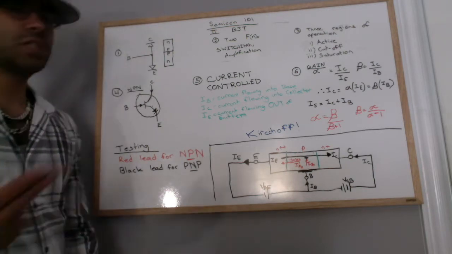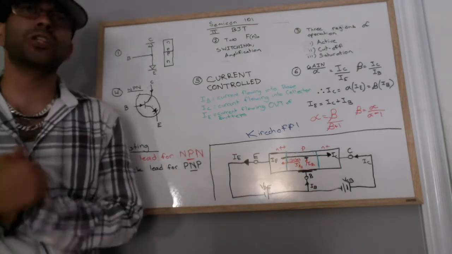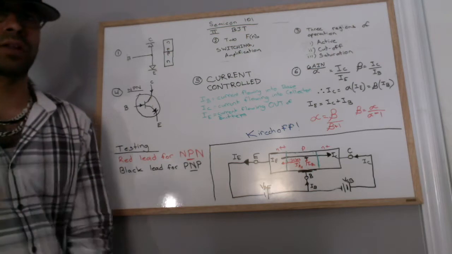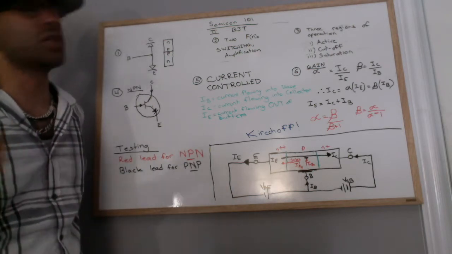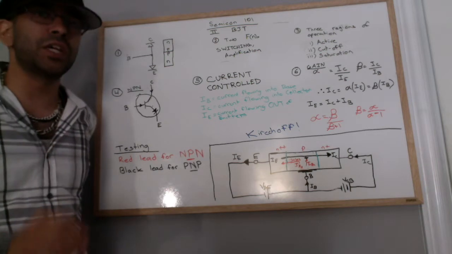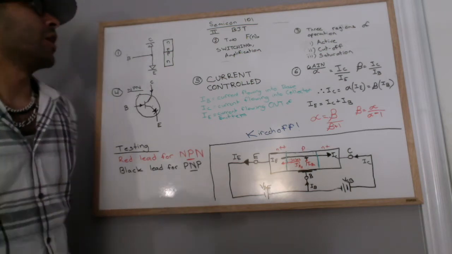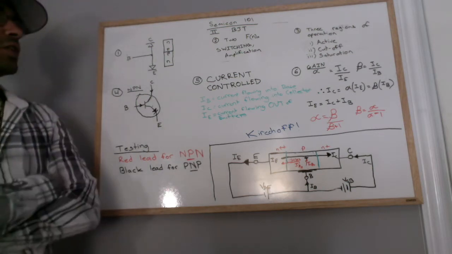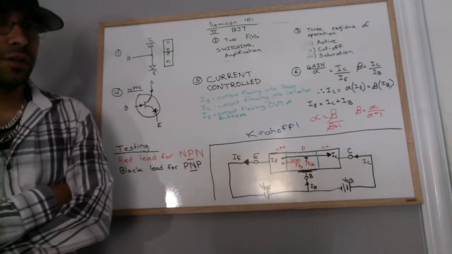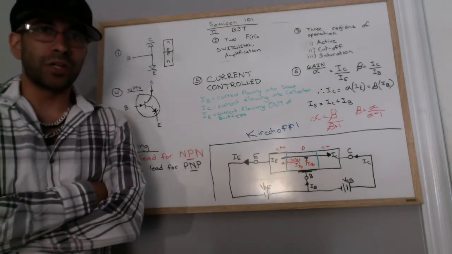Alright, so the BJT has two functions. The first and primary function of a BJT is switching, because there are far superior transistors for amplification. That does not mean, though, that a BJT should not be used for amplification. There are three regions of operation for a BJT: the active region, the cutoff region, and the saturation region.